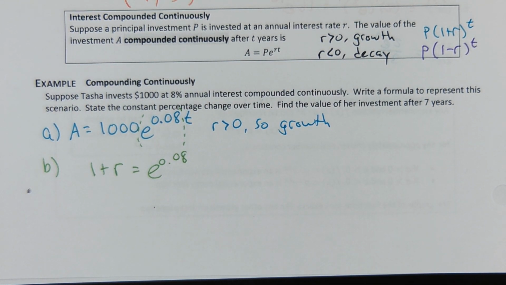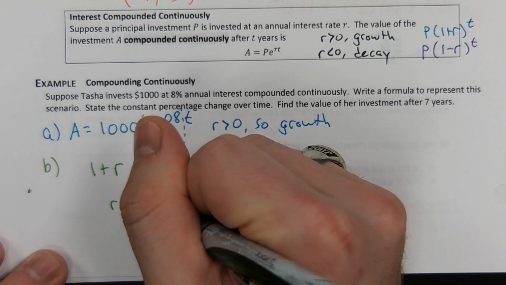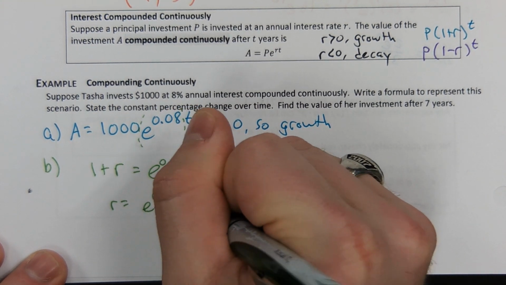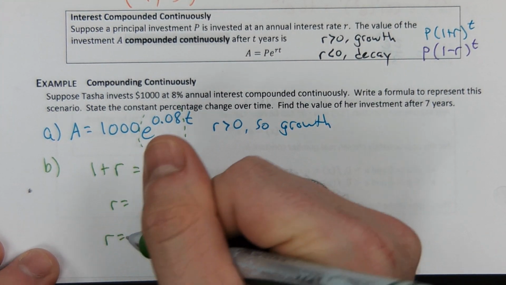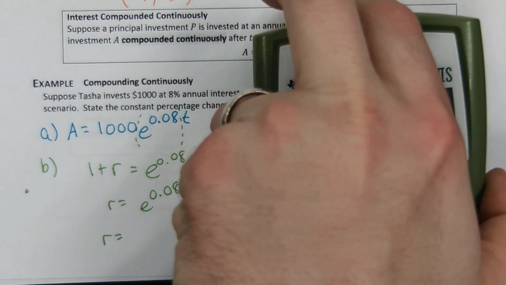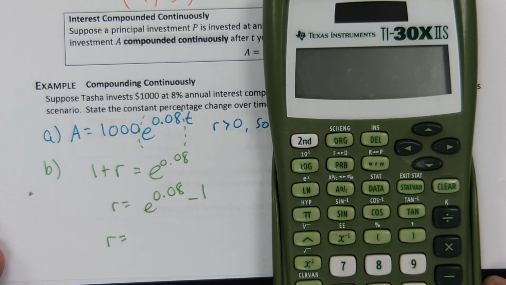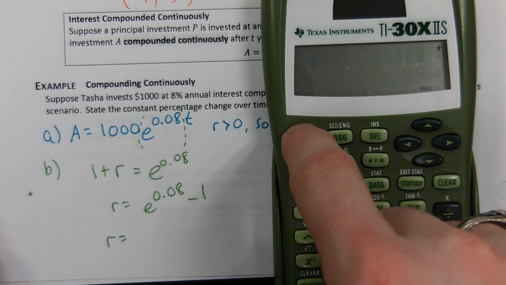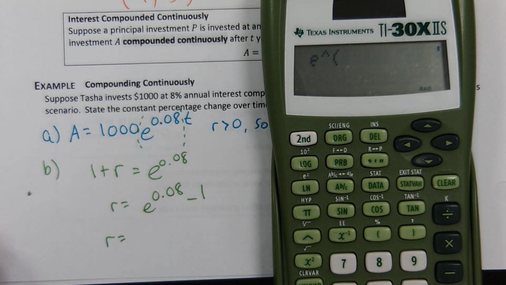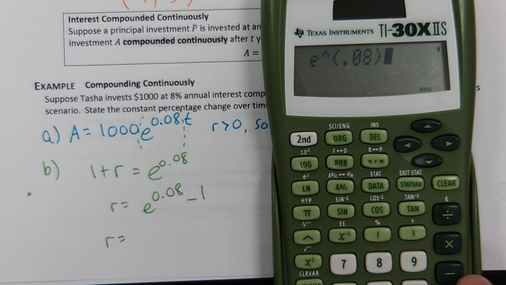So if we want the yearly rate, just get r by itself. Subtract 1 from both sides. And we're going to get it as a decimal. Remember, on the battery-operated calculator, you have to type the exponent first, then second ln. On this calculator, I get to do second ln, 0.08. I'm going to close the parentheses to tell my calculator that's the end of the exponent, minus 1, and hit equals.